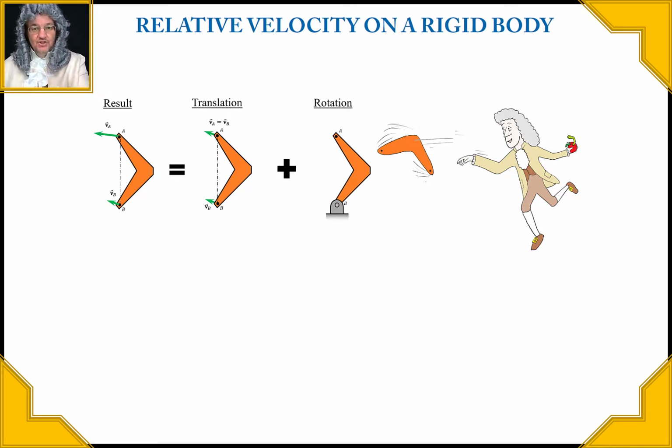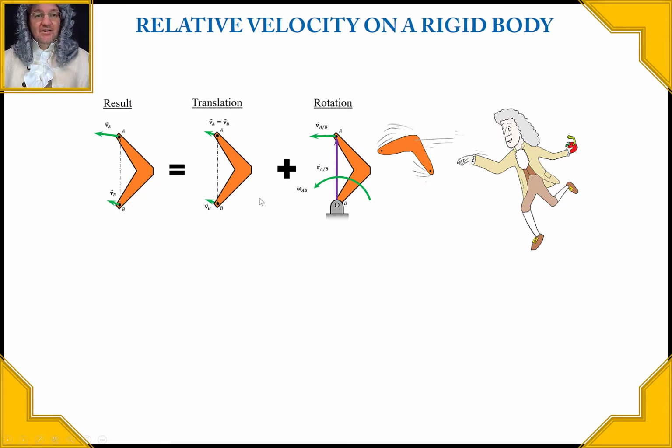We draw it pinned at B because that's the reference, and we rotate it about B. And that has a velocity that's perpendicular to the line that's drawn between A and B. We call it V_A with respect to B, right? So if you want to find the velocity of A with respect to B, that's going to be perpendicular to that line between the two, right?